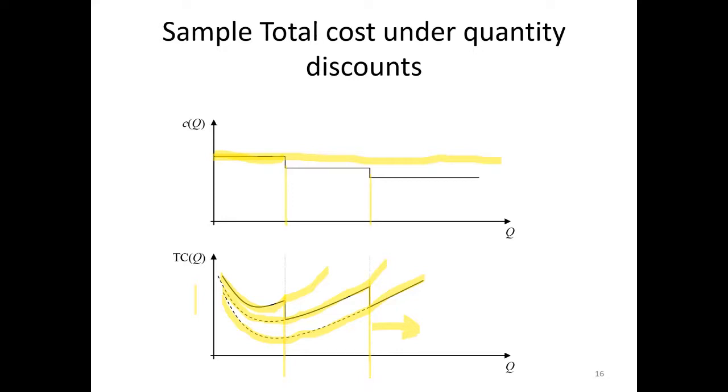Now the question is, how would you treat the usual EOQ model in order to take into consideration the quantity discounts and decide on your optimum ordering quantity? Well, basically, this is the issue of looking at the curve represented by these solid lines.